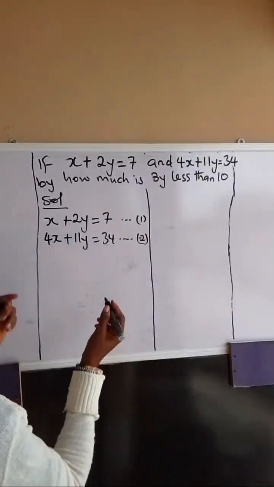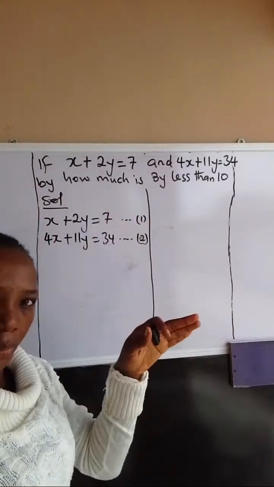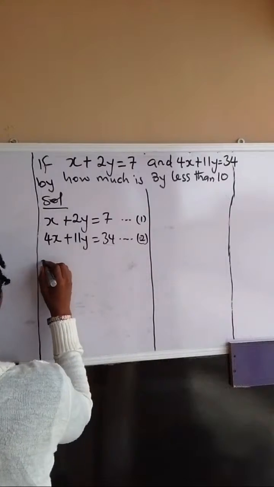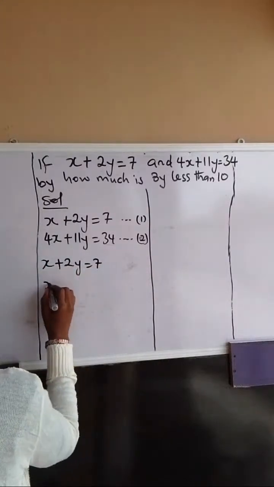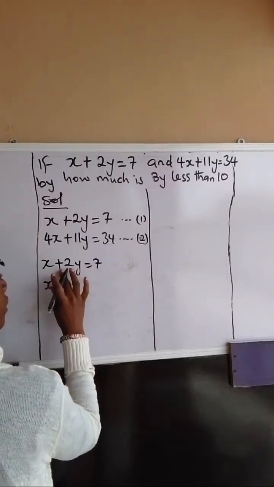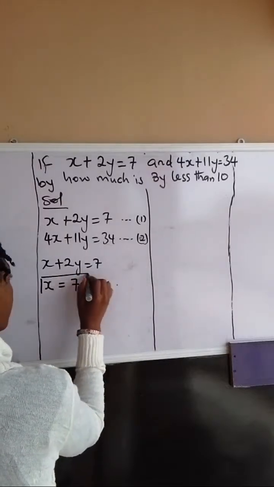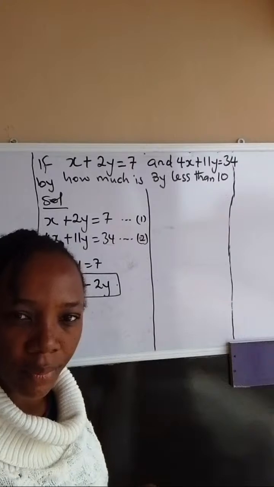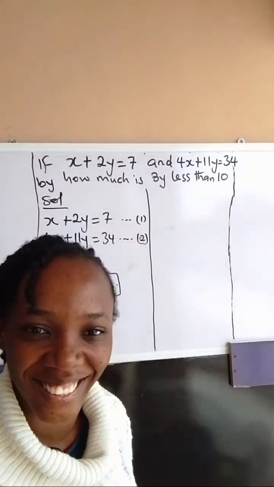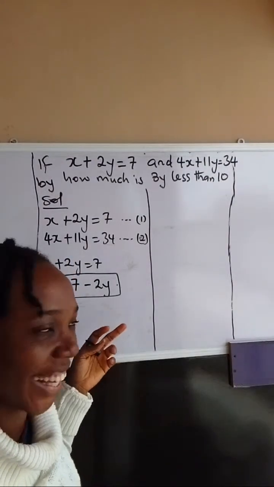All right, so I'll be taking equation 1, and I'll be making x the subject of the formula. So x plus 2y equals 7, and then x equals 7. Moving this to this side, I will have minus 2y. So this is what I'll be using in the second equation. Elimination is the best, substitution takes too long. What you like and this is what I like.